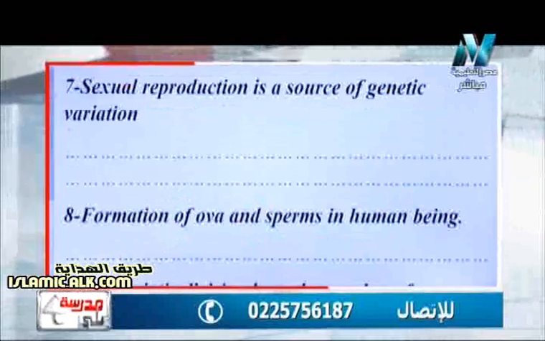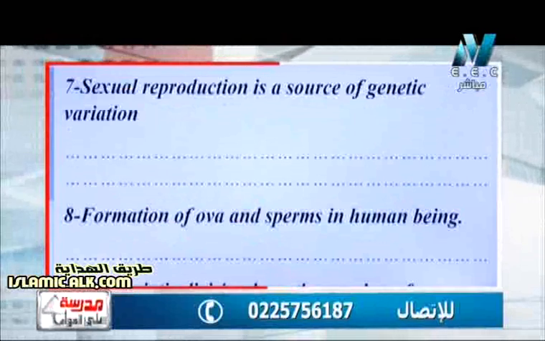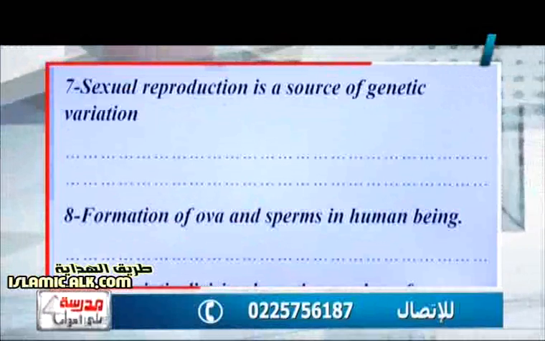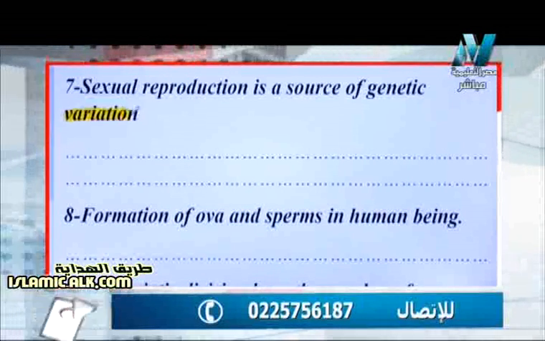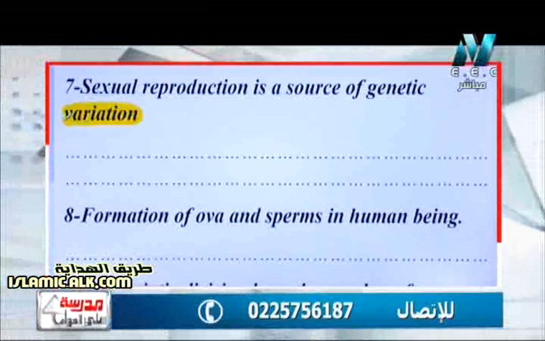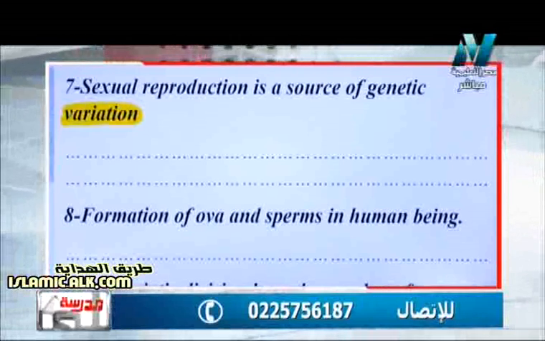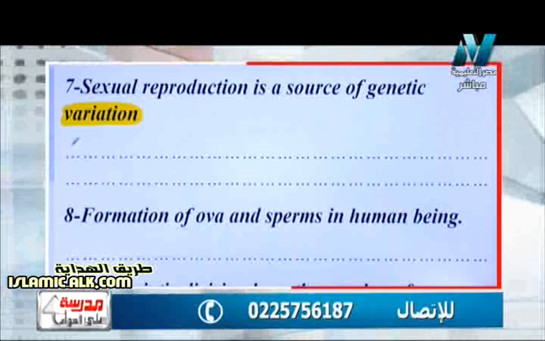Okay, next question is sexual reproduction is a source of genetic variation. What is meant by variation؟ يعني difference or variety اللي هو التنوع. Genetic variation. طبعا هنا sexual reproduction as we studied before, dear students, we have 2 reasons.